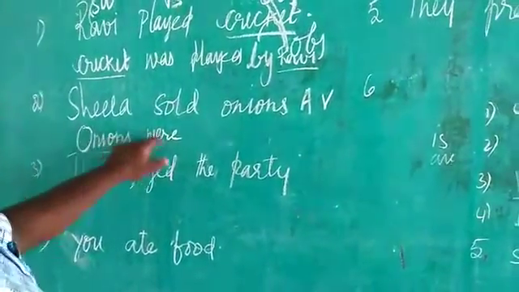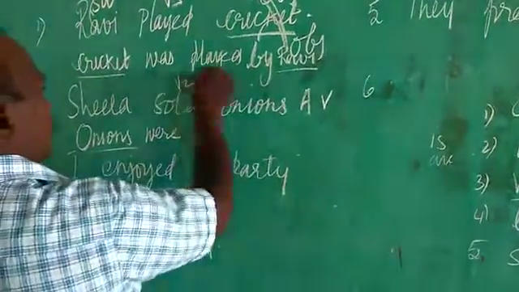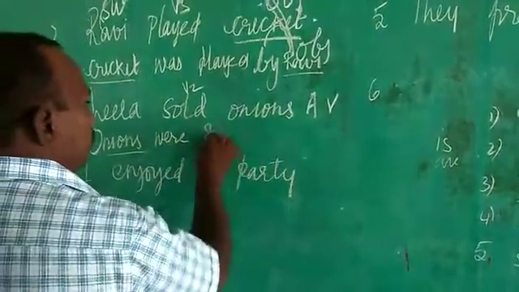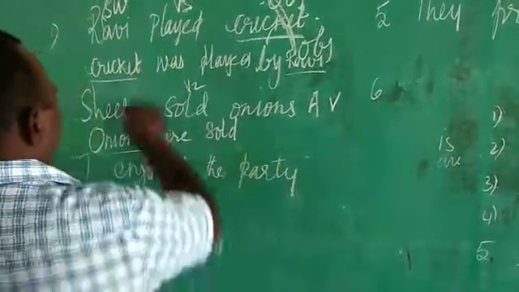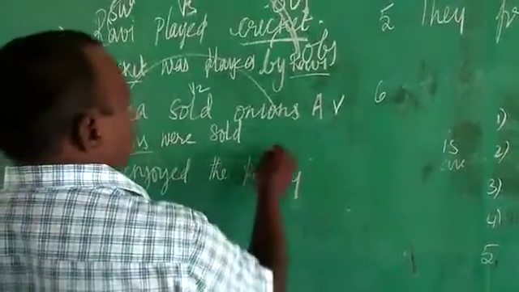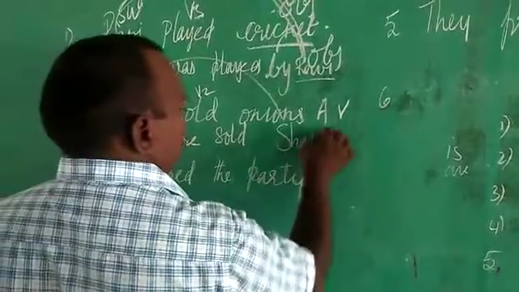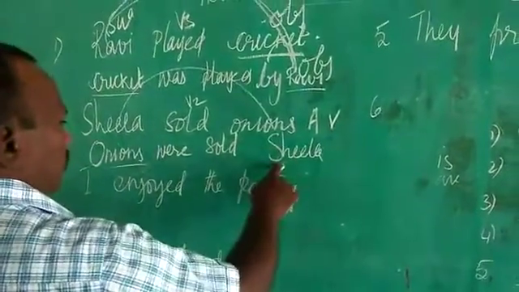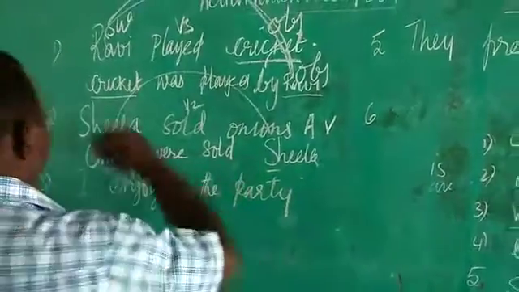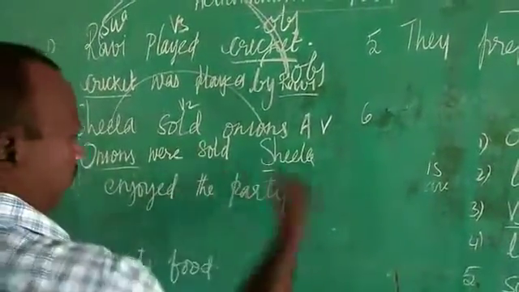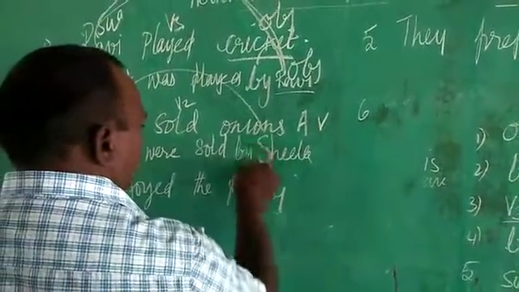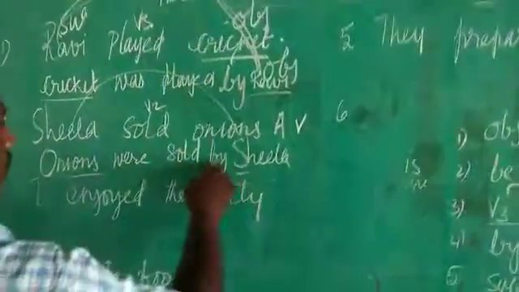Onions were. You have to take the V3 form: sell, sold, sold. This becomes the object. I wrote a capital letter here, children, because it is a proper noun. A proper noun will be capital wherever it is, in the beginning, middle or end of the sentence. That's why I took a capital S here. So you have to take the preposition here. Onions were sold by Sheila.